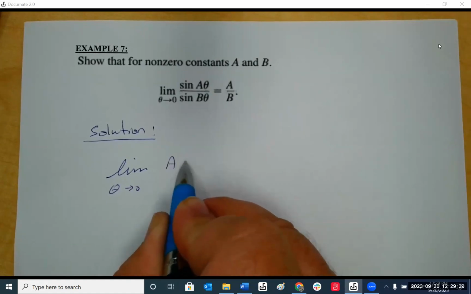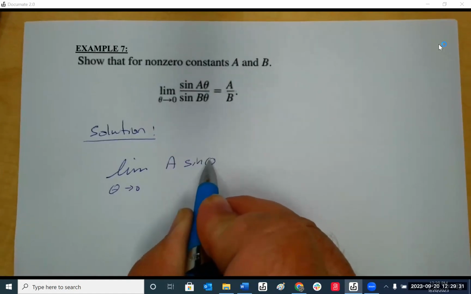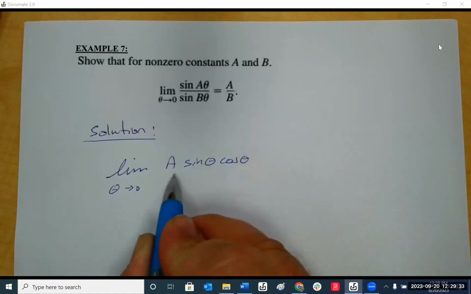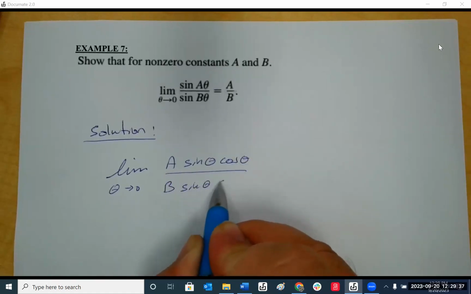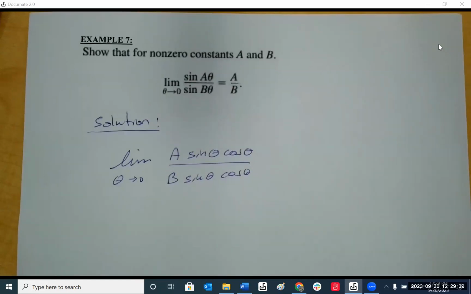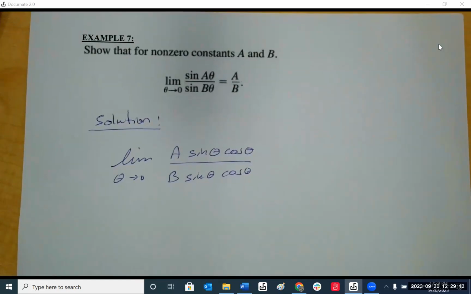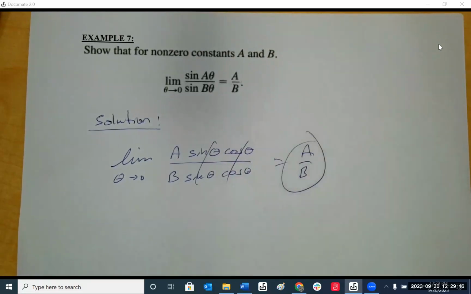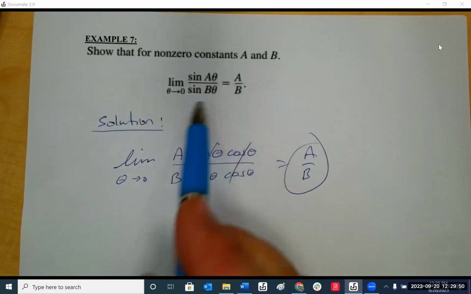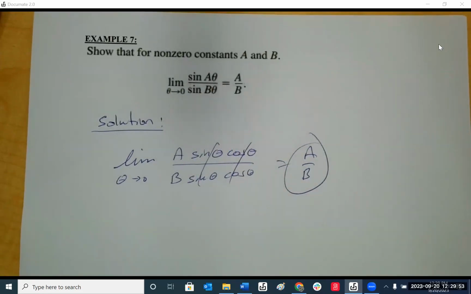So this is A sine theta cosine theta over B sine theta cosine theta. But okay, in reality, that would only work if A and B were twos, because that only works on a double angle. It looks good, but let's look at another way.